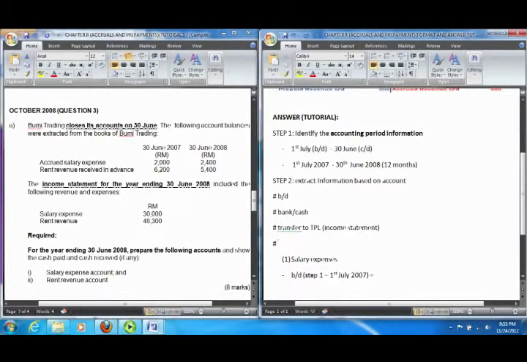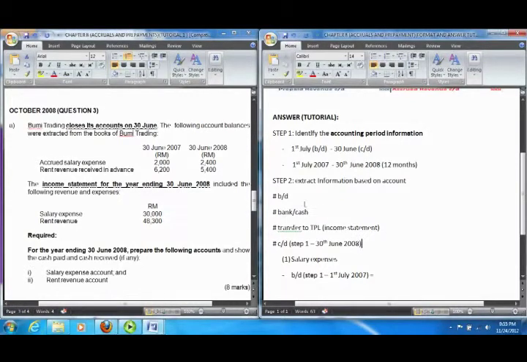Lastly, you need to record your CD. When is your CD? Based on your step 1, it is 30th June 2008.